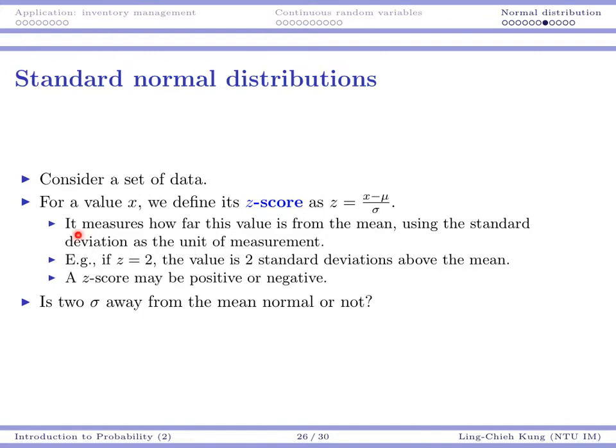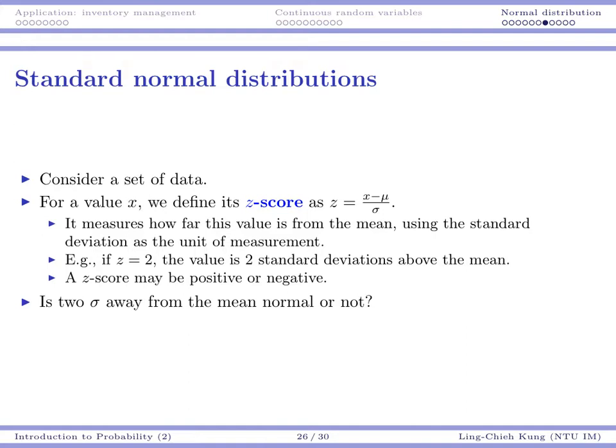The z-score measures how far this value is from the mean. And the measurement is using the standard deviation as the unit of measurement. So I will not say this value is above the mean by 2. I don't really care about whether it's by 2 or by 20. I care about how many times the distance is with respect to the standard deviation.